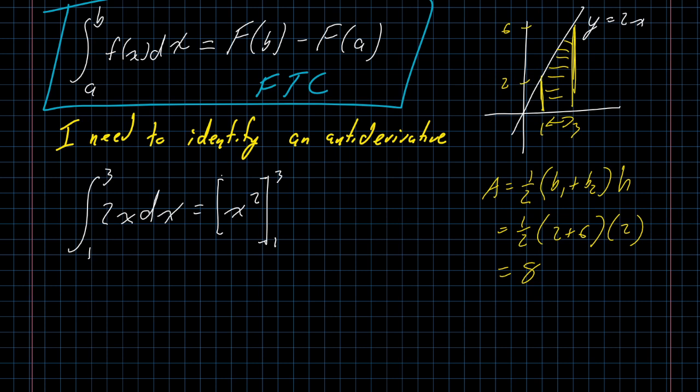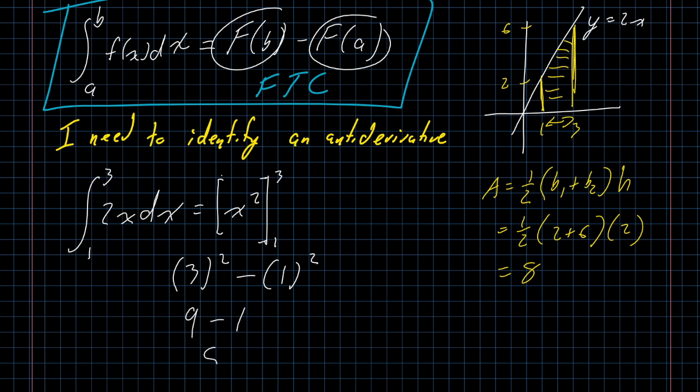But this notation is just telling me that I want to evaluate at those two endpoints. And then subtract. So 3 squared minus 1 squared, which is 9 minus 1, which is 8. Exactly what we said it was supposed to be based on the geometric interpretation.